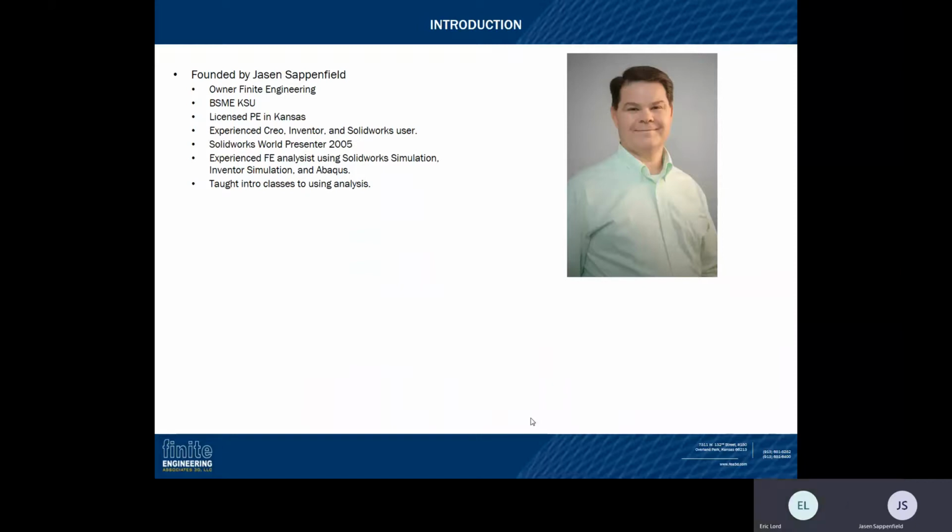I started off my career in Pro Engineer at the time, which is now Creo. I've worked in SolidWorks, Inventor. I've presented at SolidWorks World, taught some FEA classes in the past, so I've got quite a bit of experience doing analysis and three-dimensional design.